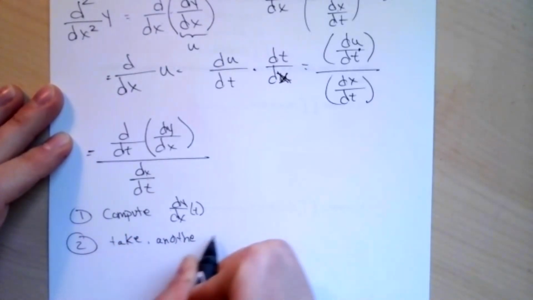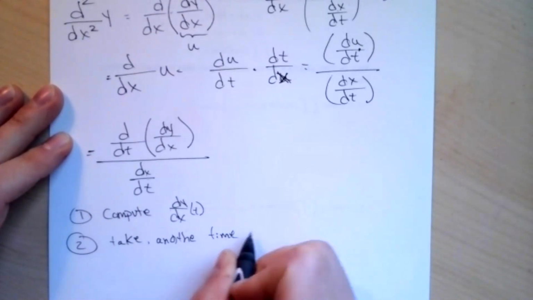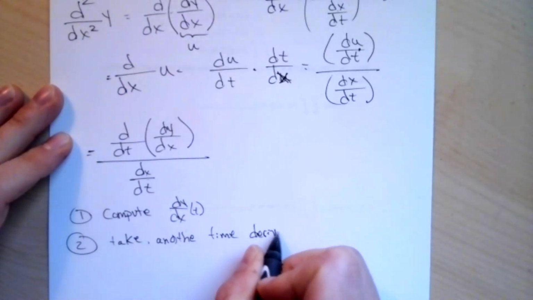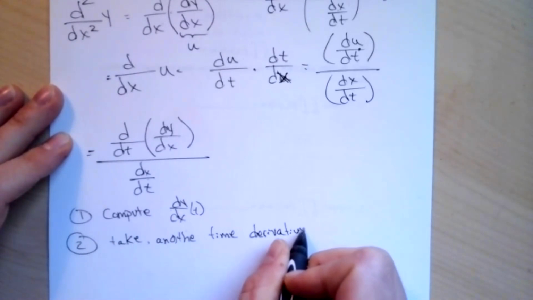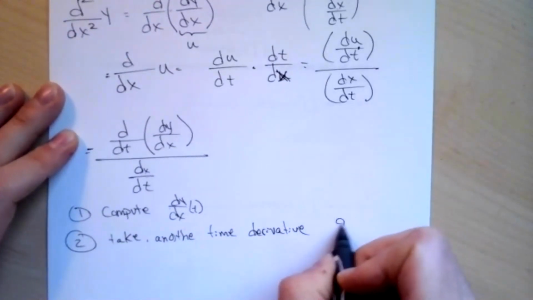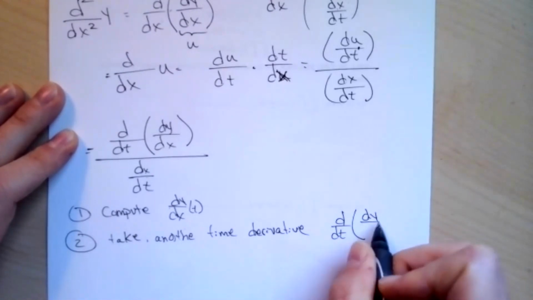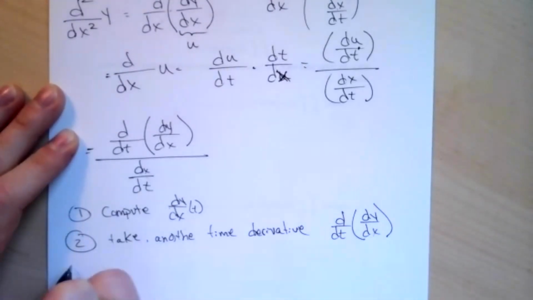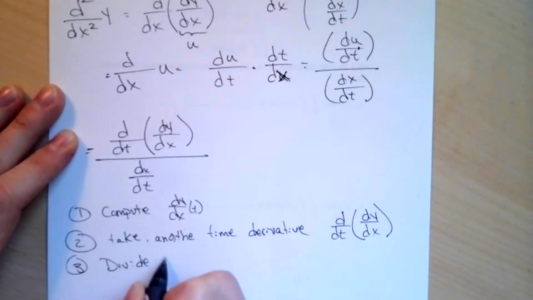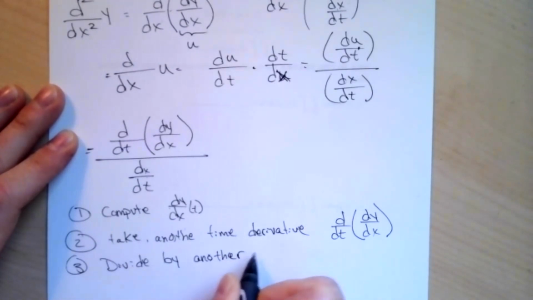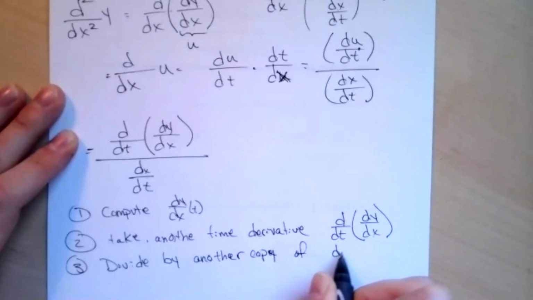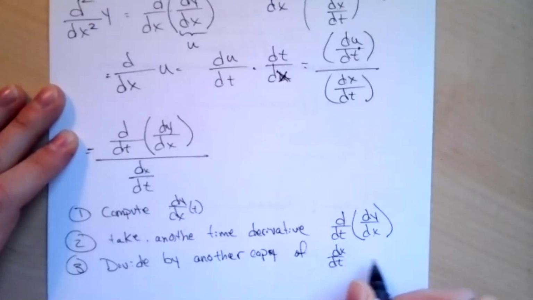So take another time derivative, and then divide by another copy of dx/dt.